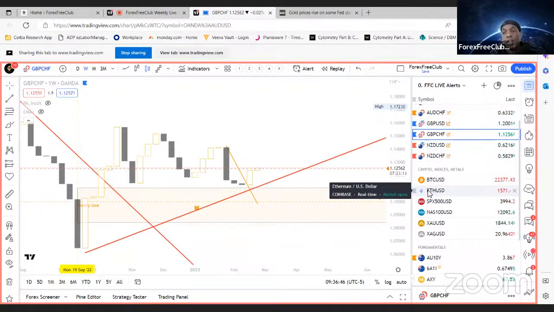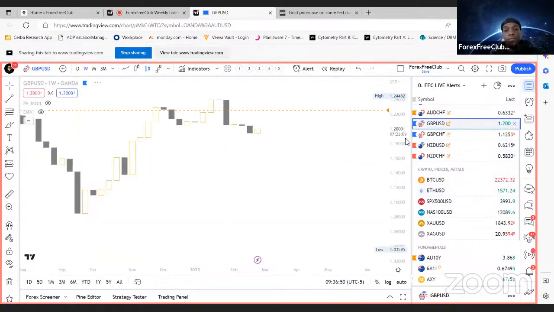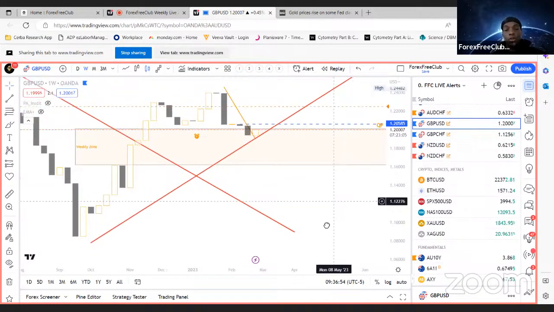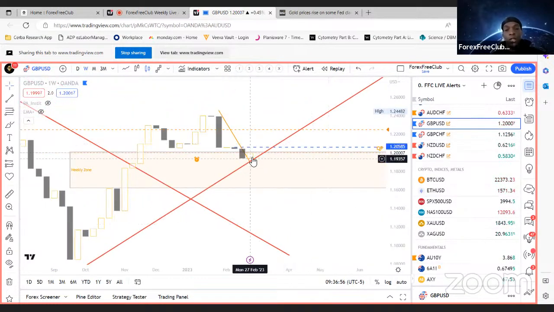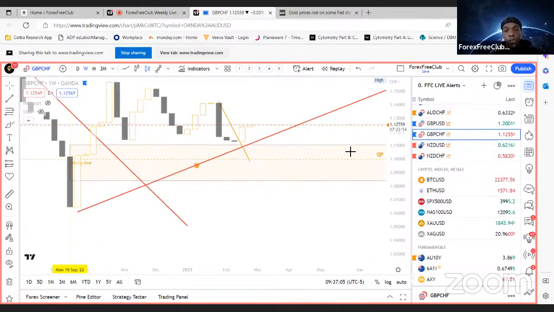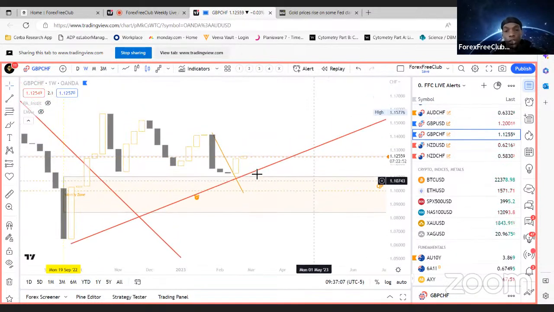All right, so we were looking at GBP USD, which is at the quarter point. So we were watching to see if we could get an entry. Then we have GBP Swiss franc, which already broke above the quarter point. So we're looking to catch entries from this quarter point. And I'm going to adjust this.